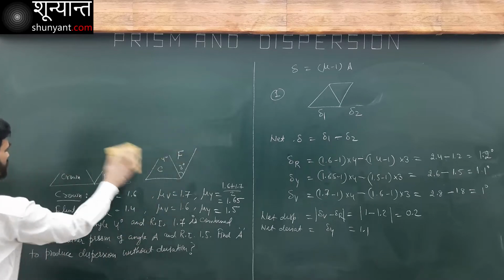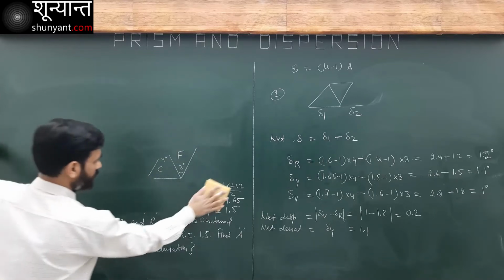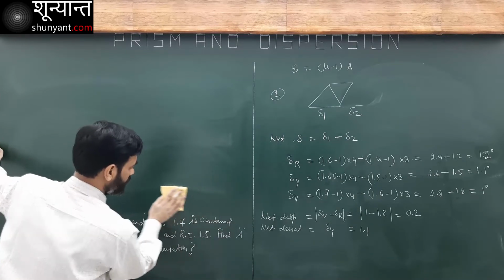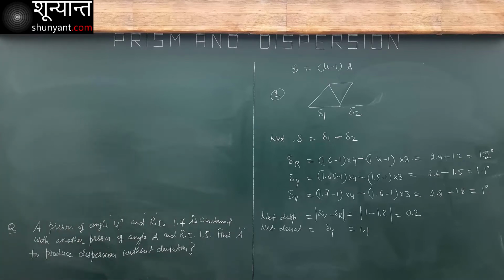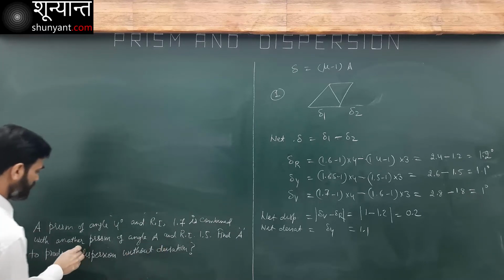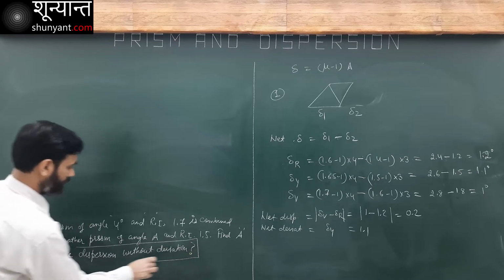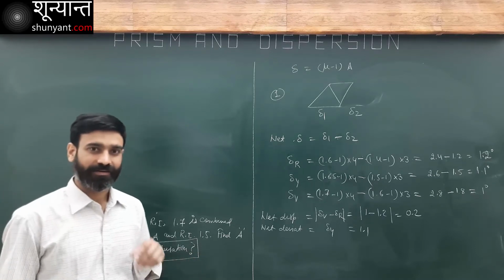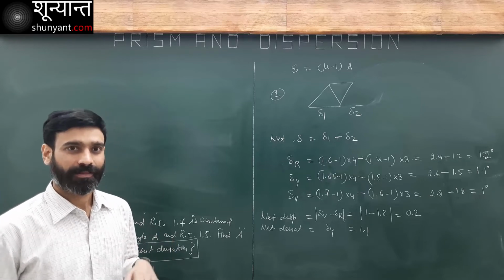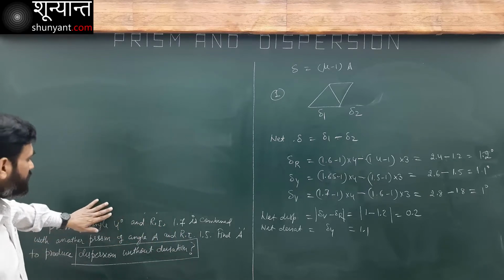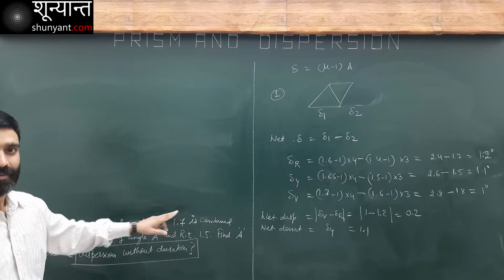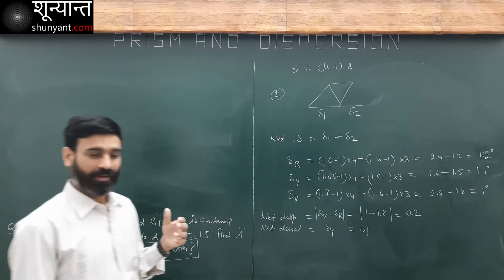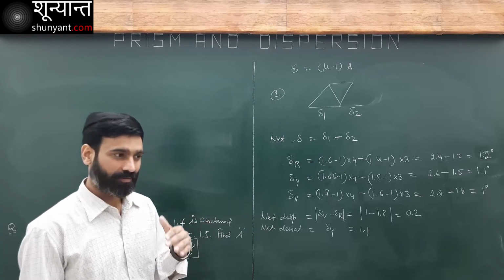Okay, now by adjusting, let's do this one here. The next one, a little confusing one. What is the meaning of dispersion without deviation? Deviation in what color? Yellow color. When refractive index is given and nothing else is specified, we know that refractive index depends on color.